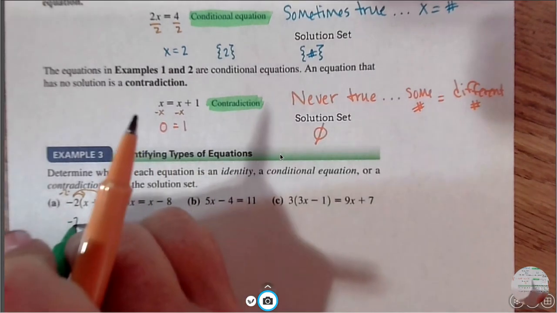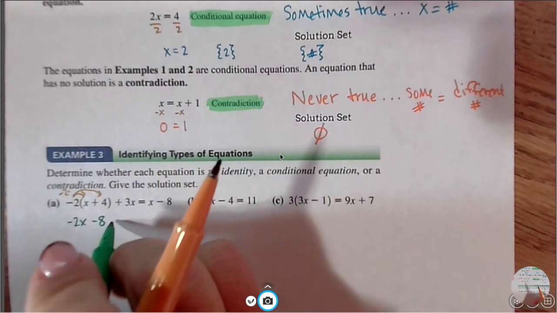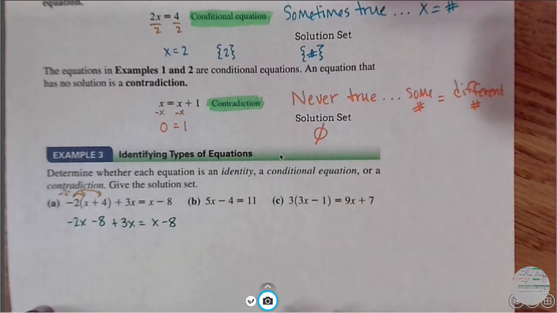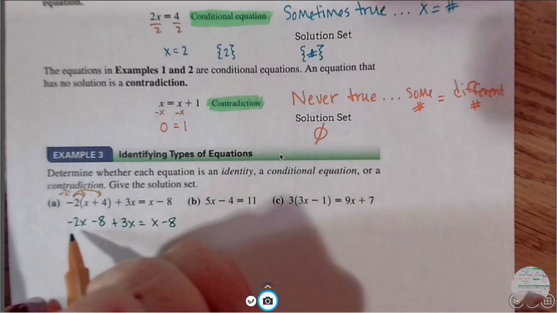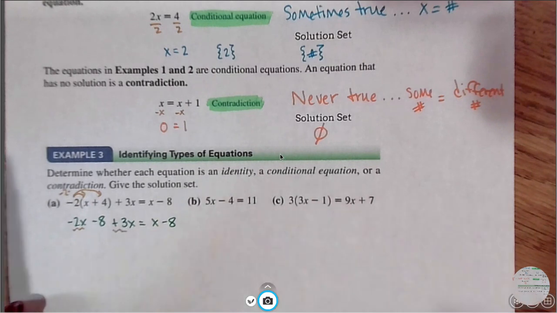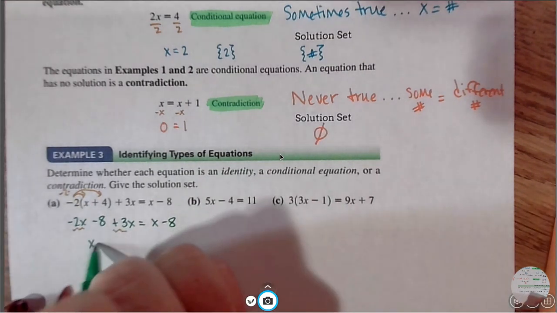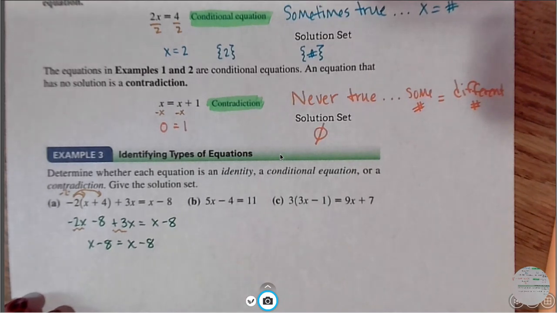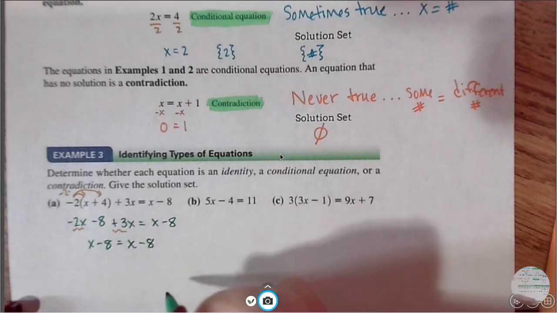So I've got -2x minus 8 plus 3x equals x minus 8. I might go ahead and combine these like terms here. So I get x minus 8 equals x minus 8. Okay, at this point I can see both of these sides are the same. So this is going to be an identity.